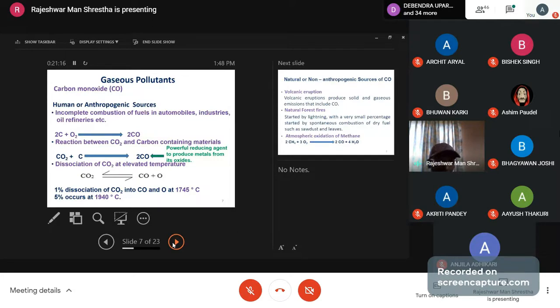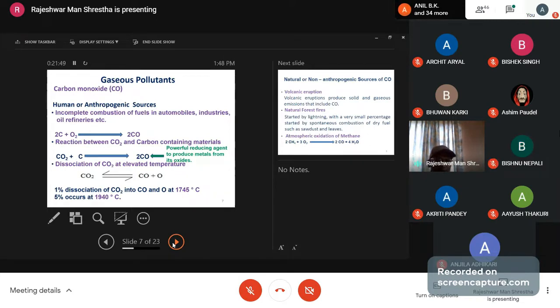Only 1% decomposition of CO2 gas into carbon monoxide occurs at 1745 degrees Celsius, and 5% decomposition occurs at 1940 degrees Celsius. From that third process, the release of carbon monoxide will be very little, and if the reaction is reversible, then a very small amount of carbon monoxide gas is released. In the third process, carbon dioxide is released by human activity.